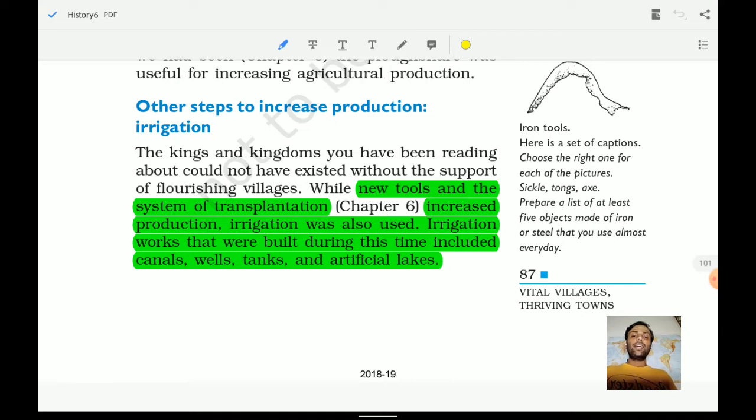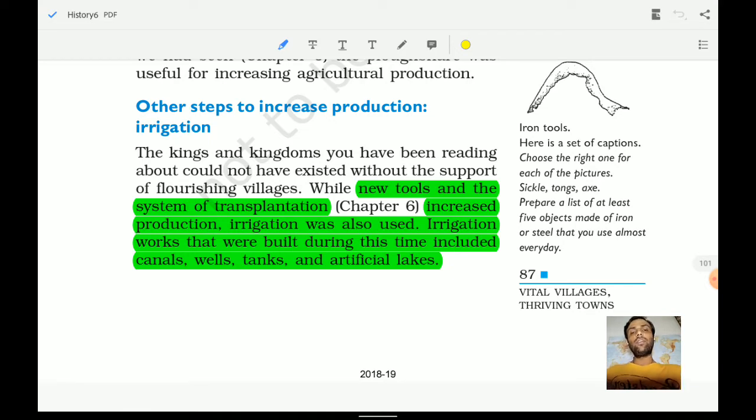The irrigation works built during that time included canals, wells, tanks, and artificial lakes. By that time big kingdoms and empires were developing, so the kings must have understood that if they wanted to expand their kingdom, have thriving towns and villages, and see happy people, and to operate big kingdoms, they needed money. At that time there was only one resource, the cultivation or production of crops.